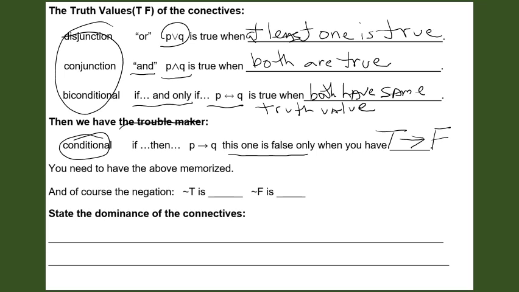The conditional, we memorize when it is false, when a T gives an F. You need to have these memorized. And then, of course, the negation of a true is false. The negation of a false is true. So before we get started, what is the dominance of connectives?